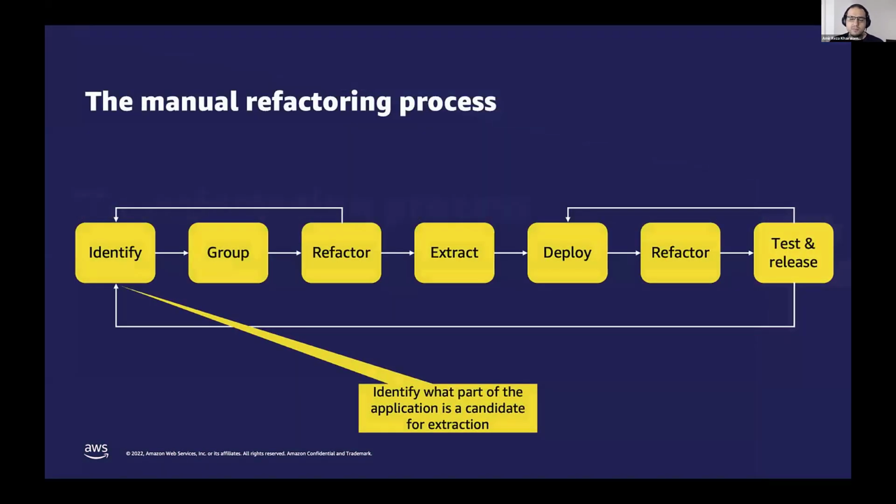If I want to give a holistic view of the logical steps we usually take to break a monolith into a microservice architecture, technically we identify a piece of logic or code that we want to bring out of the application. We usually start with low-hanging fruits, such as a logging functionality, for example.